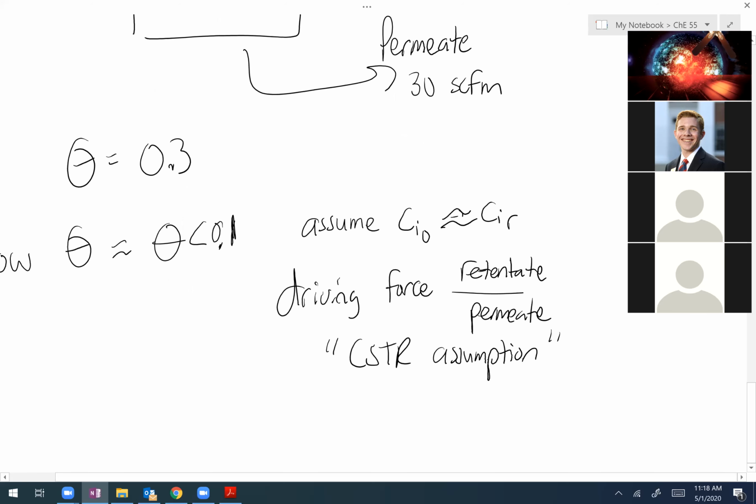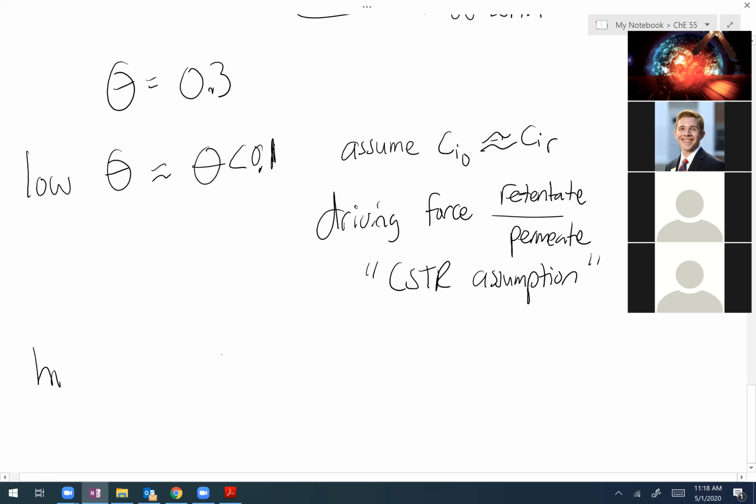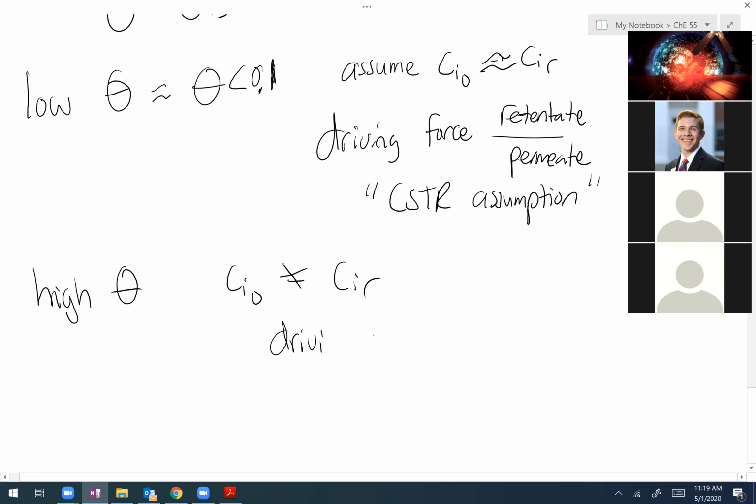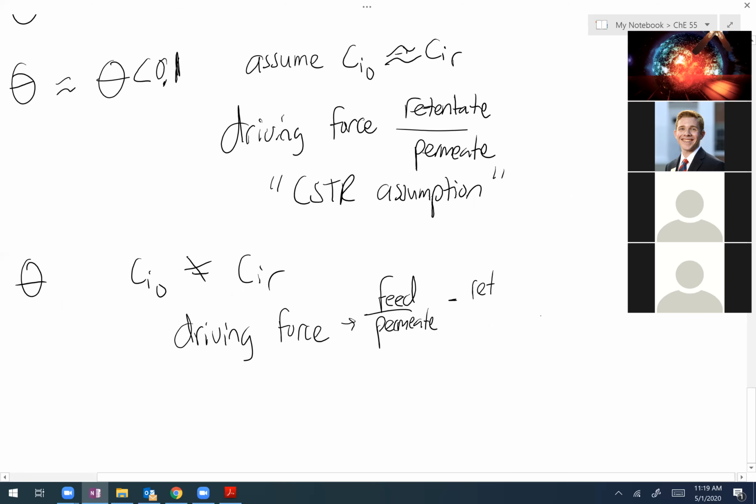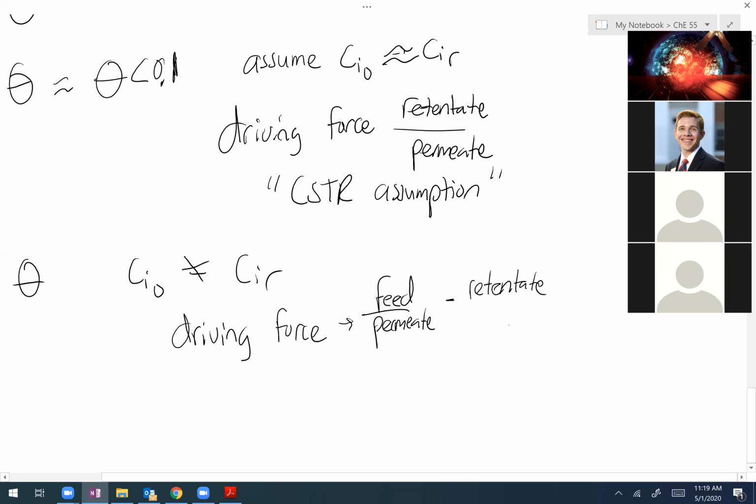But at high stage cuts, C_i naught is not equal to C_i retentate. And so the driving force becomes feed over permeate minus, or average, the retentate over the permeate, right?